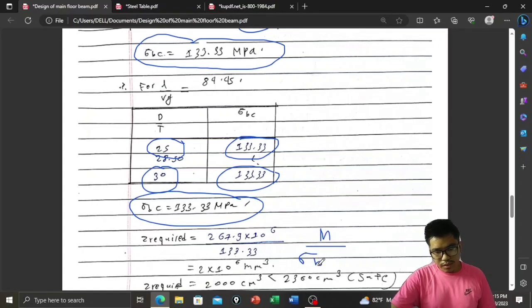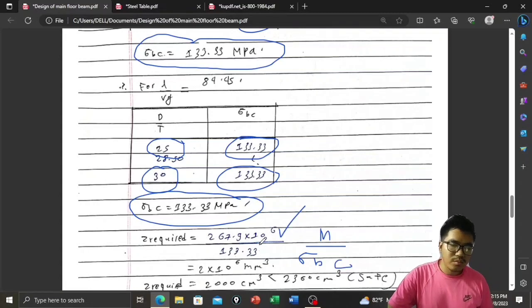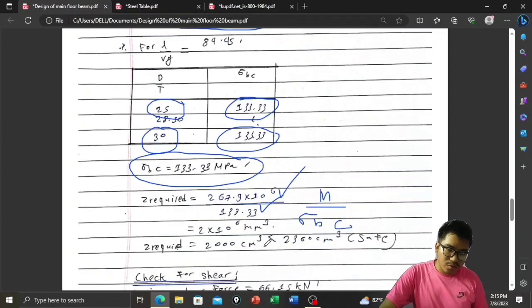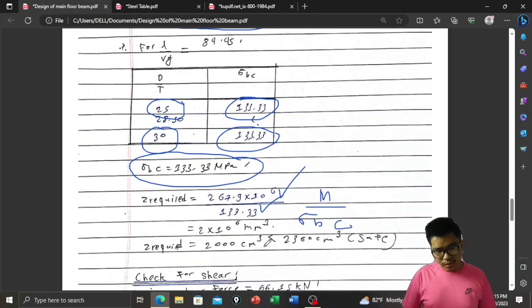So Z required from previous formula, that is m divided by sigma BC. M we have already calculated, and sigma BC comes to be 133.33. So this is 2 into 10 power 6 millimeter cube. To convert it into centimeter cube, we divide by 1000, so 2 into 10 power 3 is 2000 centimeter cube.